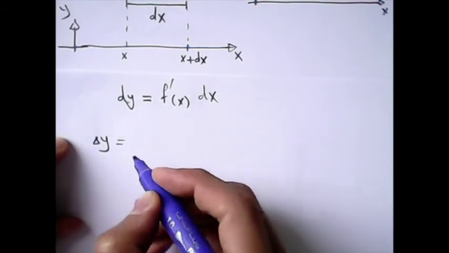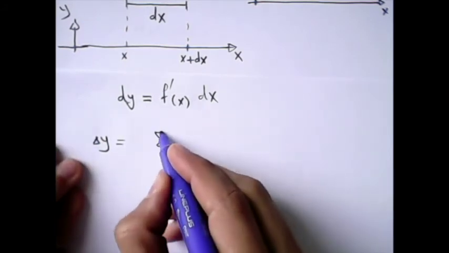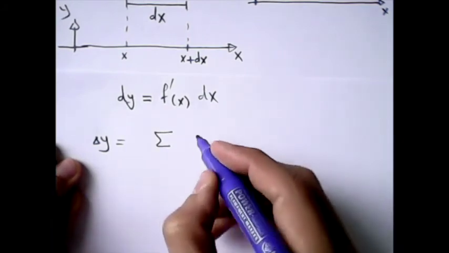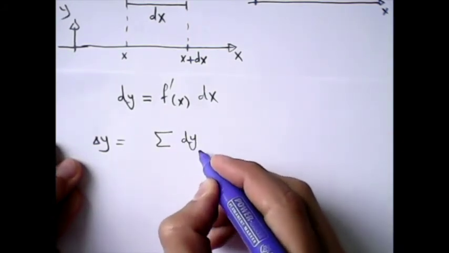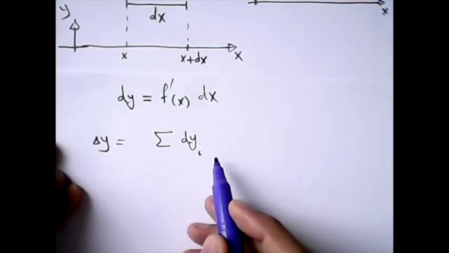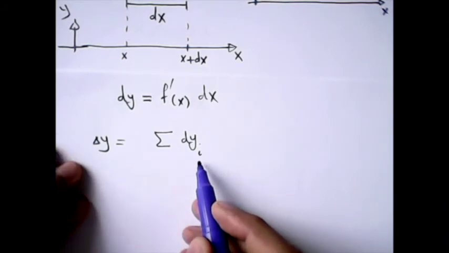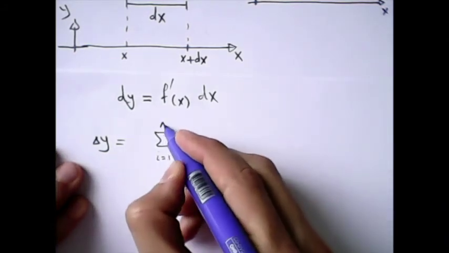is equal to the summation of all of the dy's at every point. So let me just name each one of the dy's by dy sub i, for instance 1, 2, 3, and i starts from 1 to n.